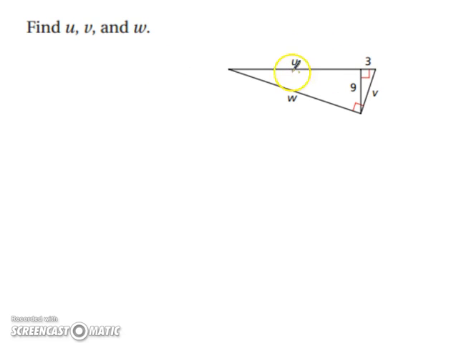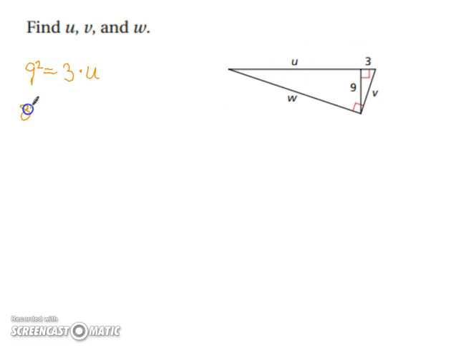So we're looking for u. It's going to be helpful to know what u is before we figure out w and v, since u is on the outside. Well, we've got our h squared, which is our 9, so we have 9 squared equals our 3 times u, our little one times our little one.